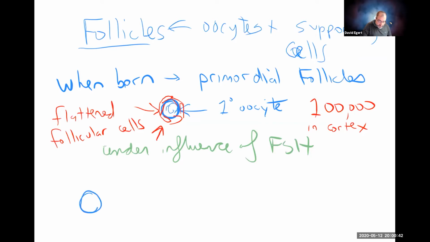The first stage is these flattened follicular cells start becoming cuboidal and more multi-layered as well. So this is now called a primary follicle, as opposed to primordial follicle.